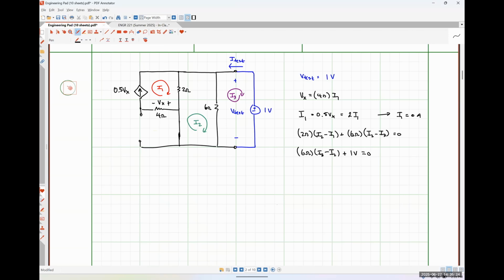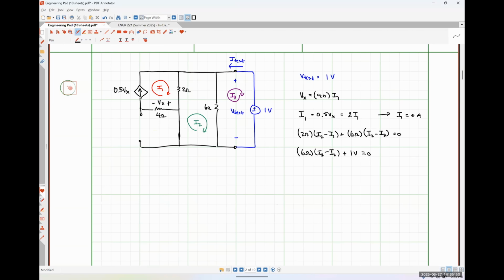So I'm just going to solve this system. My first equation is going to be for I1. So I'm going to have 1 I1 plus 0 I2 plus 0 I3 is equal to 0 amps. My second equation, I'm going to have negative 2 times I1 plus 8 times I2 minus 6 times I3 is equal to 0.